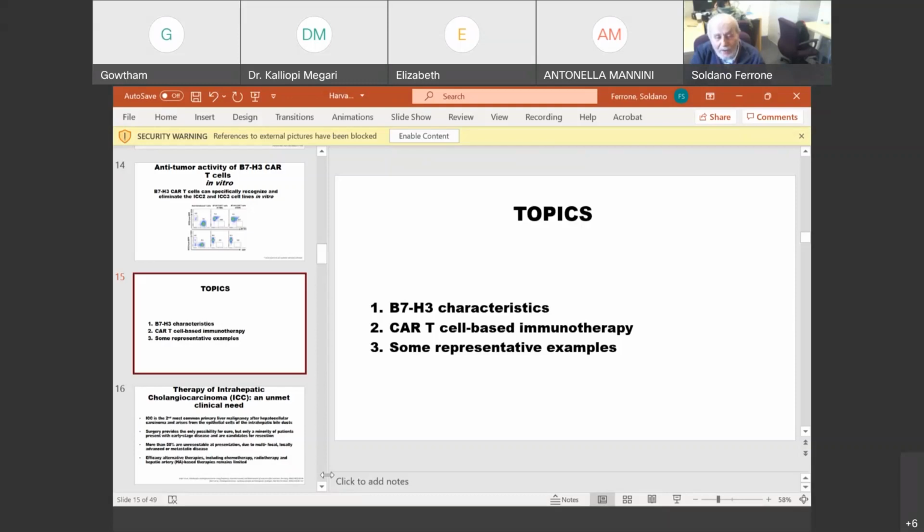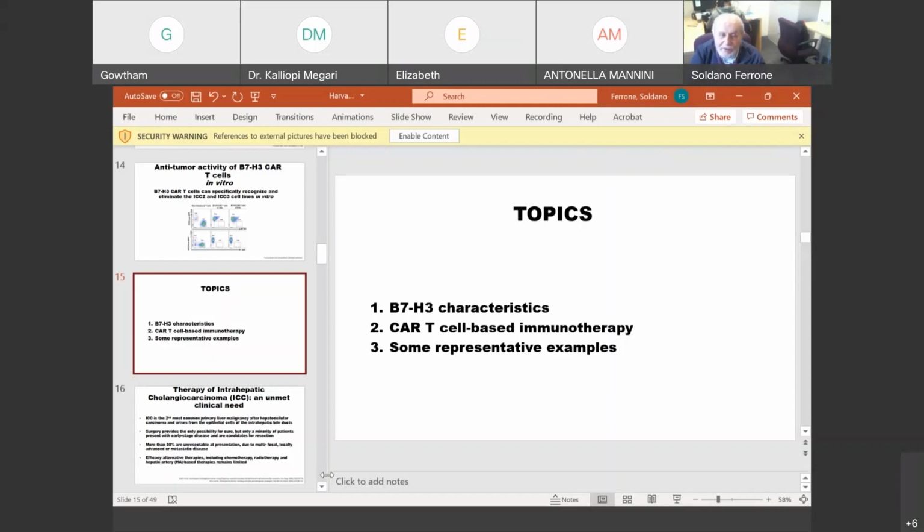Now, why did we select this type of malignancy as a target? Well, first, because it is the most frequent hepatic malignancy. But second, and most important, because surgery is the only strategy which might have a chance of success.